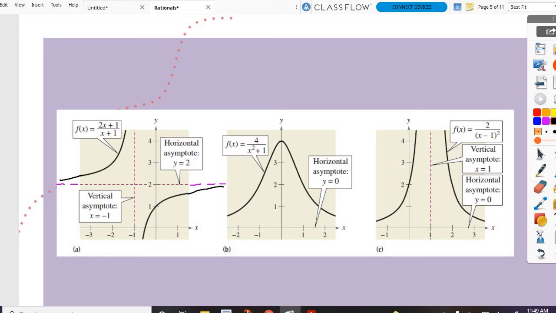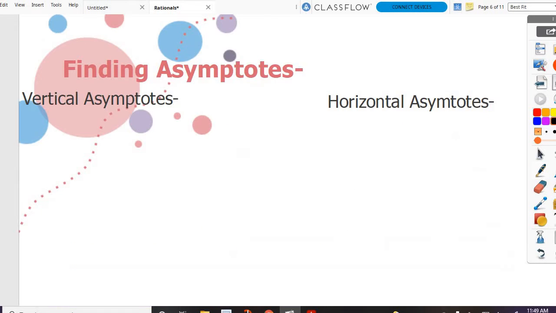Alright, so our next page is going to give us some ways that we're going to find our asymptotes. So we know what they look like, hopefully, on a graph now, but we need to be able to find them given an equation.